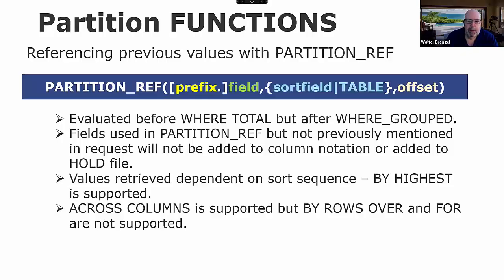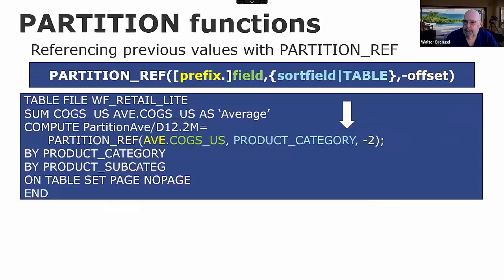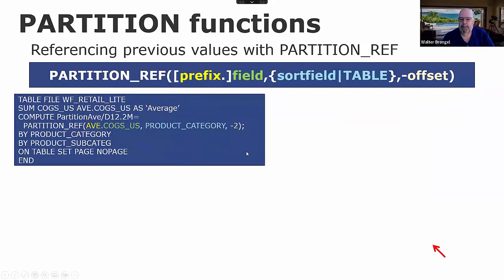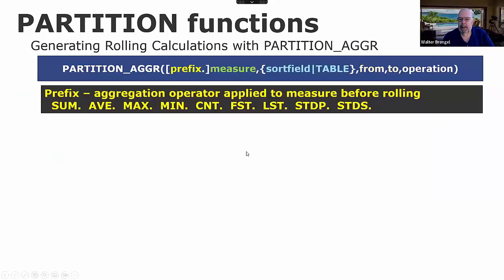I don't know if we've talked about where groups enough during these sessions, so that might be something we'll do in 2026. Fields used in reference partition will be added to the matrix. Cross columns is supported, but by rows over is not. And then we have some more examples that you can look at using DWF Retail Lite. I'm not going to go through those right now.